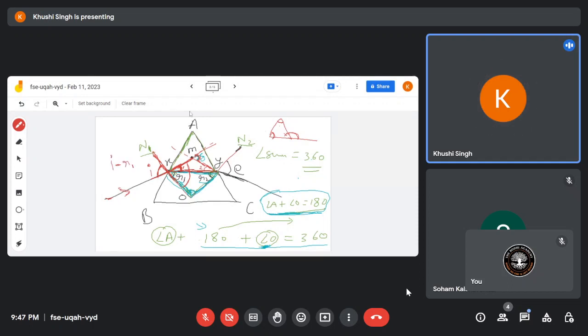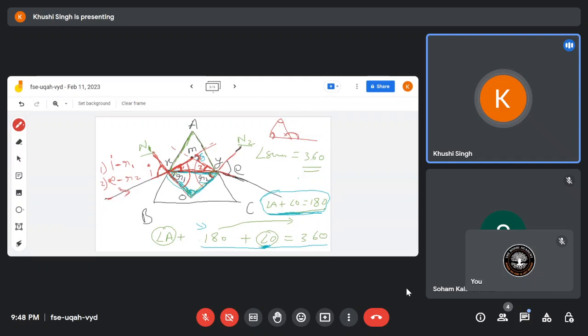Understood? Now, similarly, my second angle will be what? Same way. If this total is E, then the entire will also be E. So this angle will be what? E minus my R2, right? Small angle. So the second angle will be E minus R2. Now what we have to do? The exterior angle property says that this exterior angle is the sum of 1 plus 2. Now this is my one angle, this is my second angle.